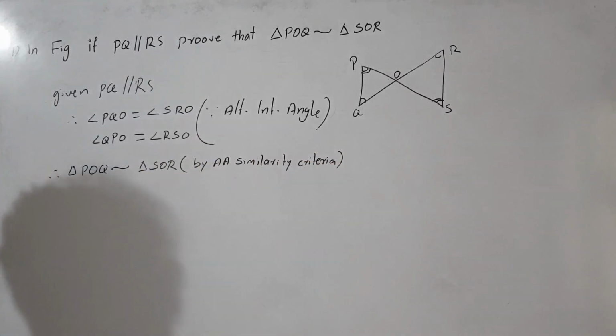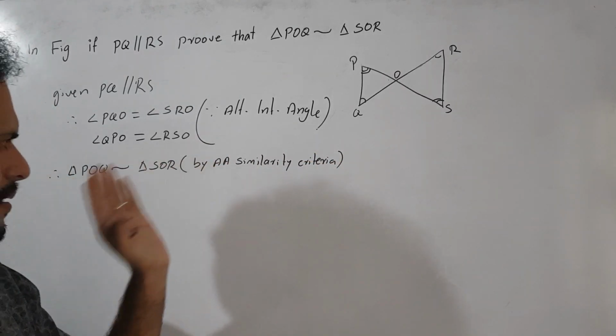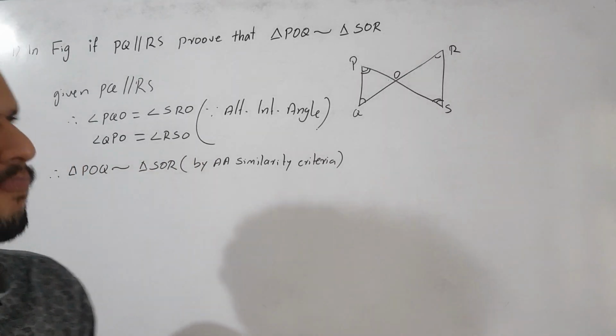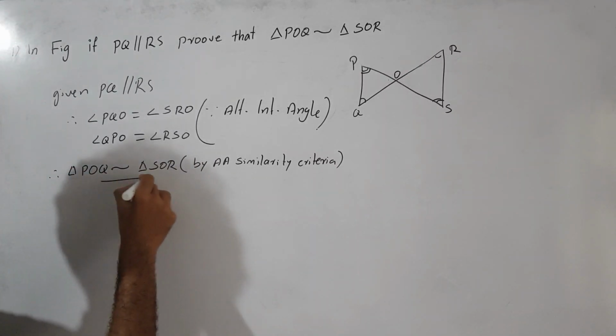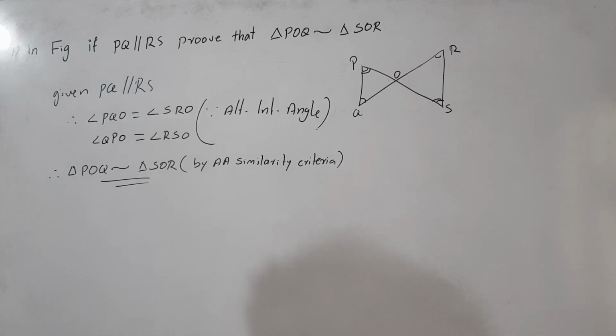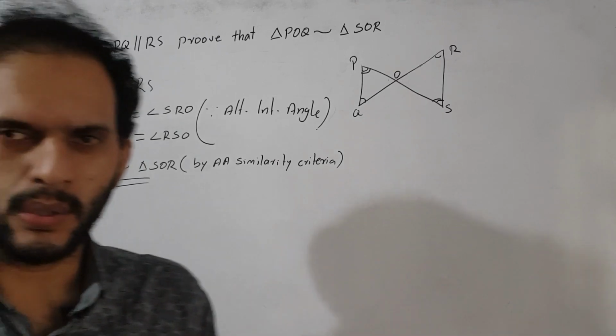I just write AA similarity criteria. So we got the result: triangle POQ is similar to triangle SOR.